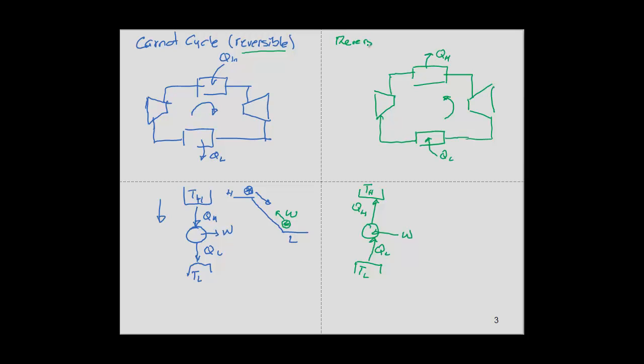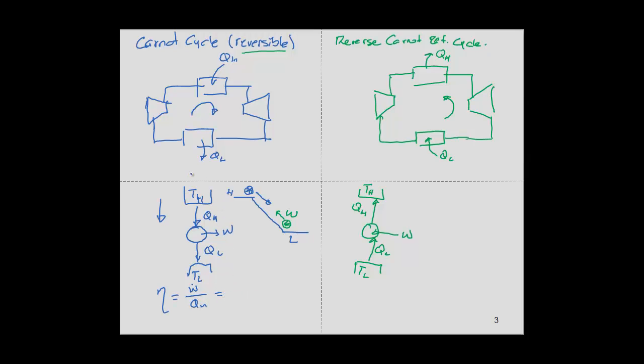So this is what we call the reverse Carnot refrigeration cycle. Okay, similar to our Carnot, we said that the efficiency here was the net work divided by Q in, what I need to provide.